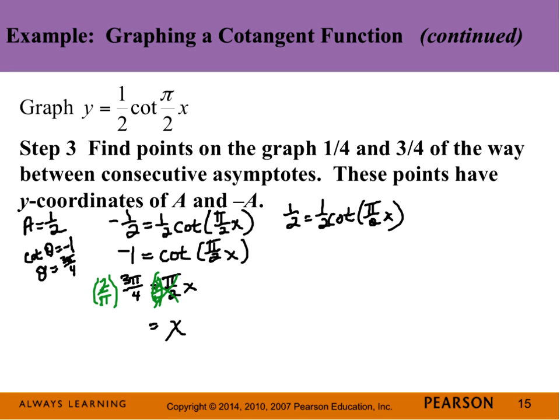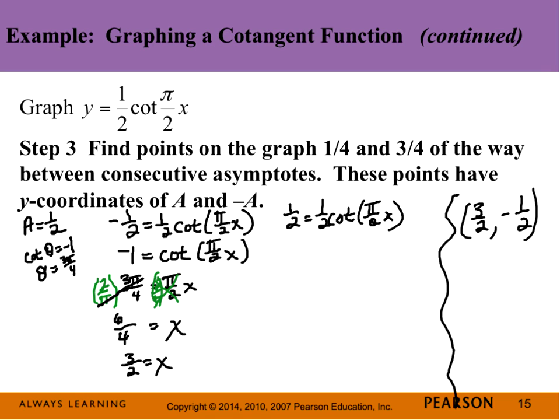And when I finish this off, I get 6 pi over, no more pi's, sorry, my pi's divide out there. 6 over 4, which is equivalent to 3/2. So that calculation right there gives us the point 3/2, negative 1/2.